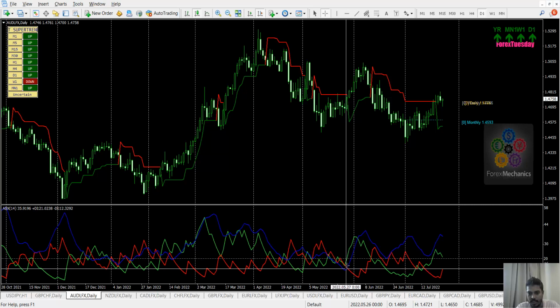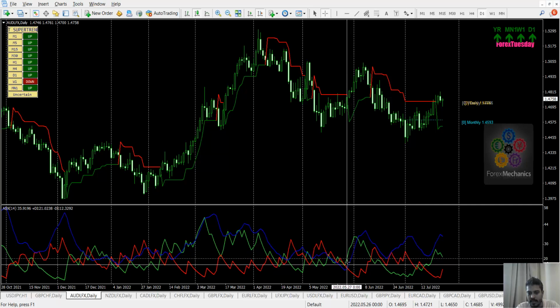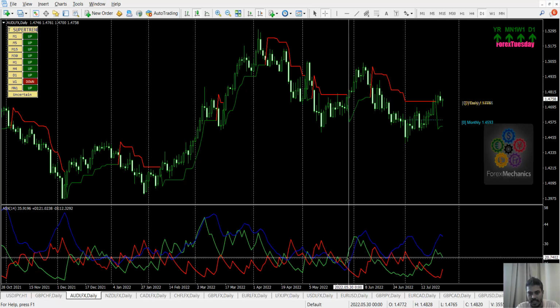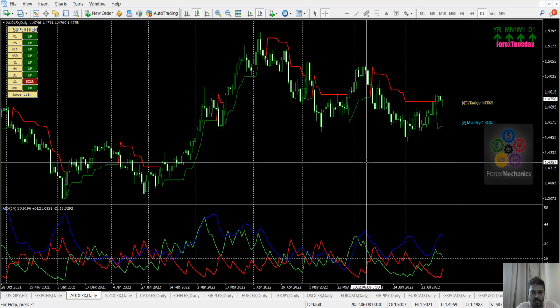So in this case, you can see that the ADX line was rising, and the green line is also rising. It basically means that the buyers are in control, so you take a long position.